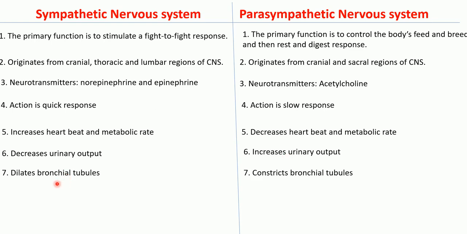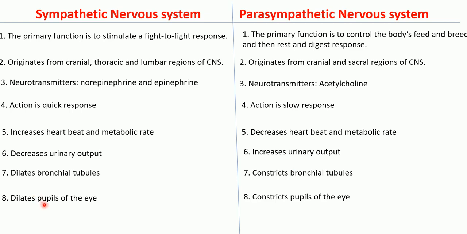Another difference: the person was running and he saw the snake. When a person is running, the respiration is high, so the bronchial tubules are dilated, whereas the exact opposite happens in the parasympathetic nervous system: the bronchioles are constricted.